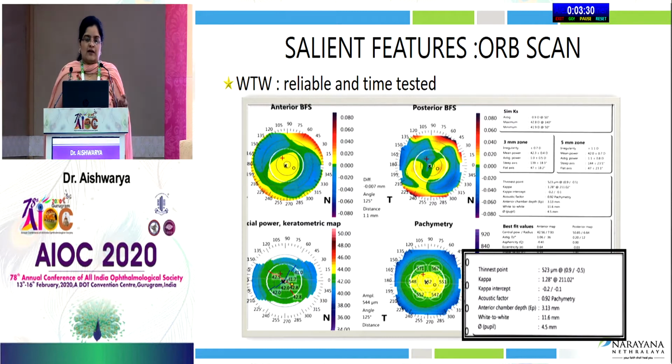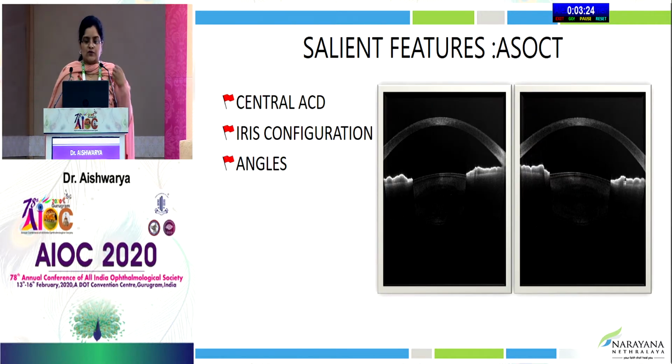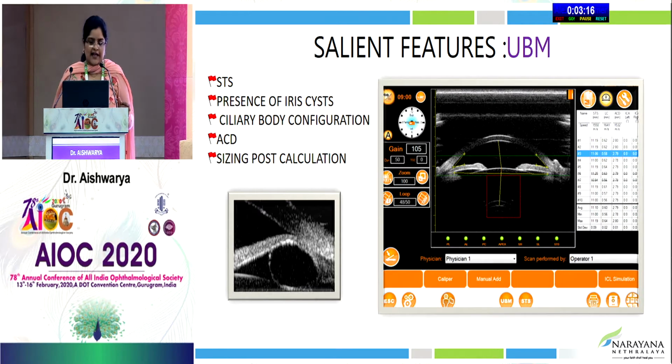Coming to the OPD-Scan, white to white, this is what we use in our setup. Of course, many people do use calipers, but this is what we use over here. Anterior segment OCT is also important for us to determine the central ACD, the iris configurations and the angles.